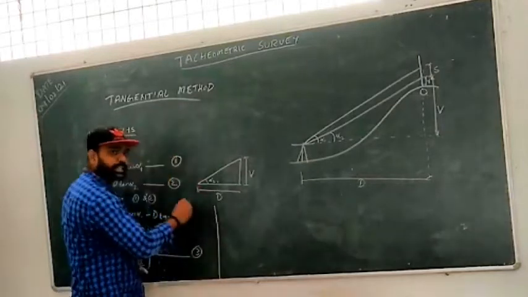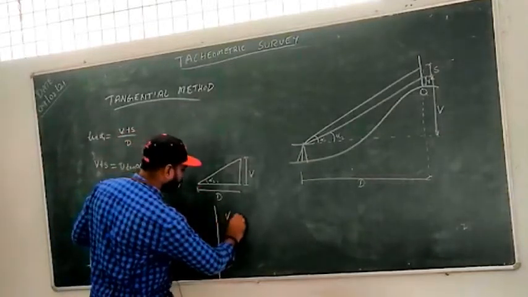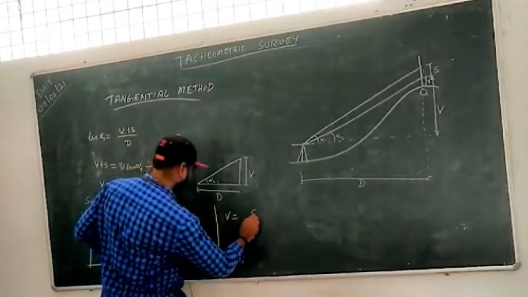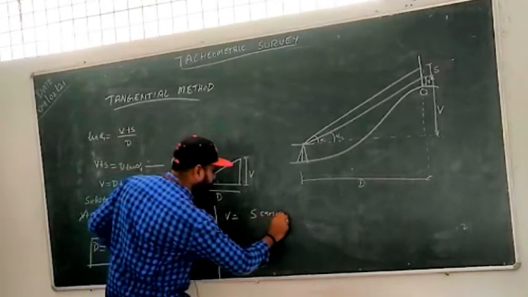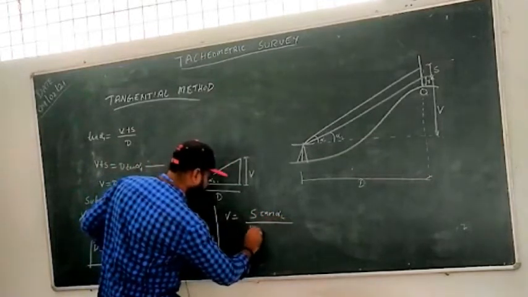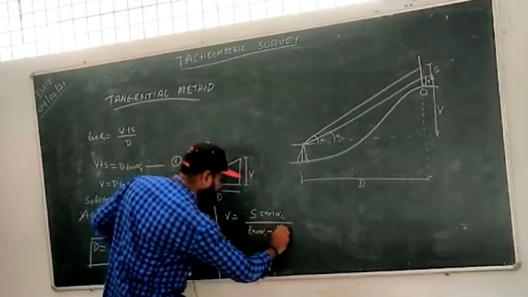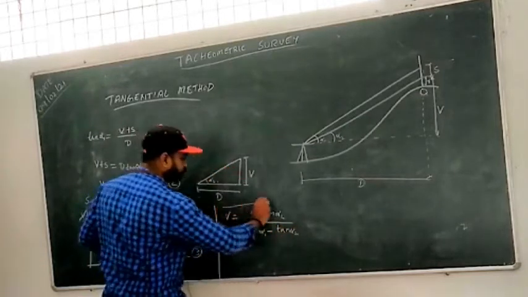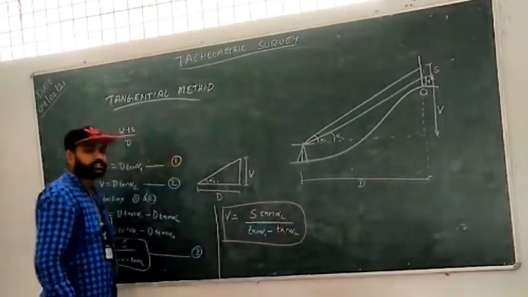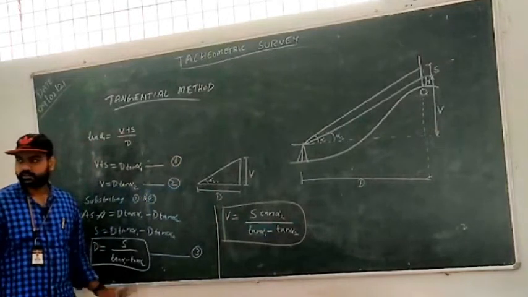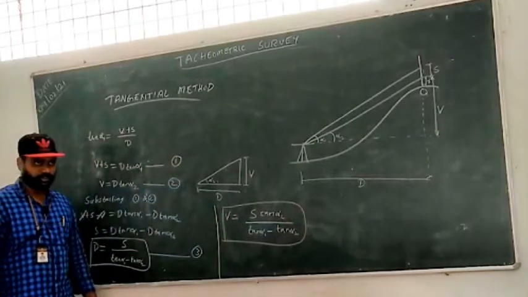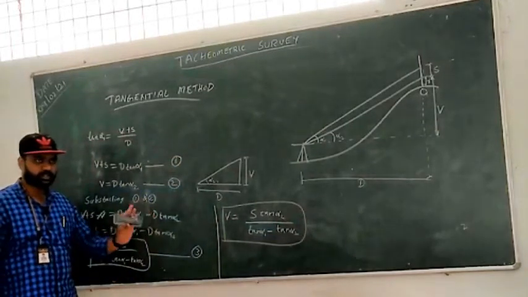Then V is equal to S tan alpha 2 divided by tan alpha 1 minus tan alpha 2. That's it. Is it difficult? No? Simple?